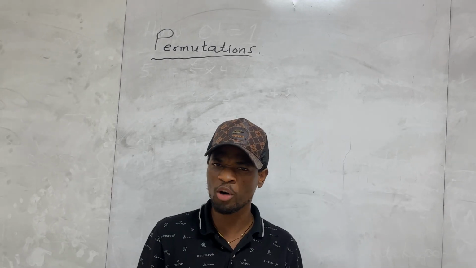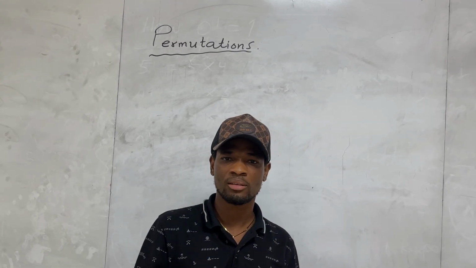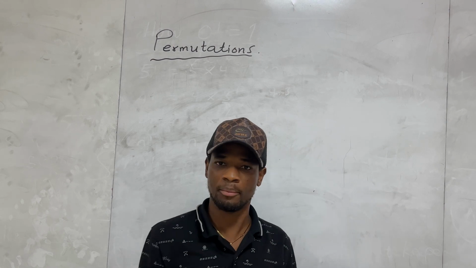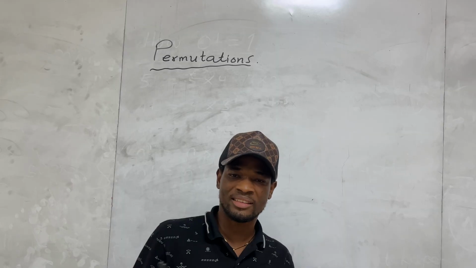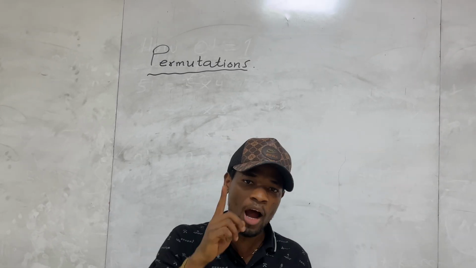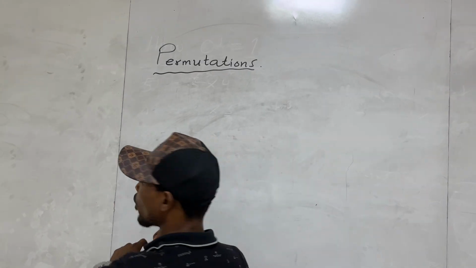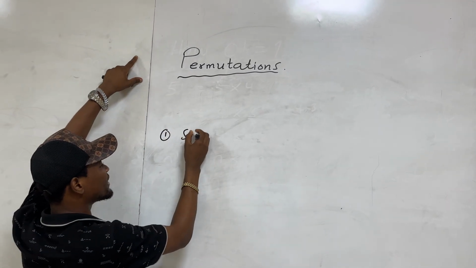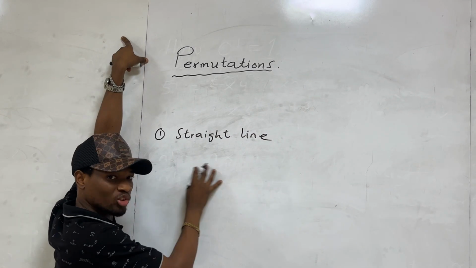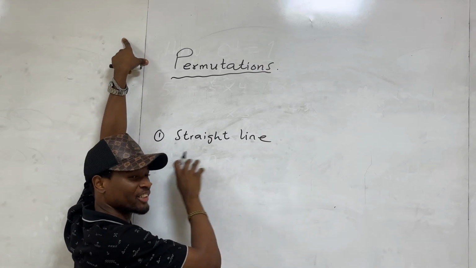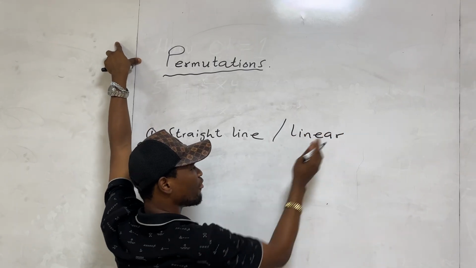So permutations here has to do with the arrangement of items. Here we are going to arrange a given set or number of items, and the arrangement can be done in two main ways. You can arrange the items in a straight line, or in a linear form.